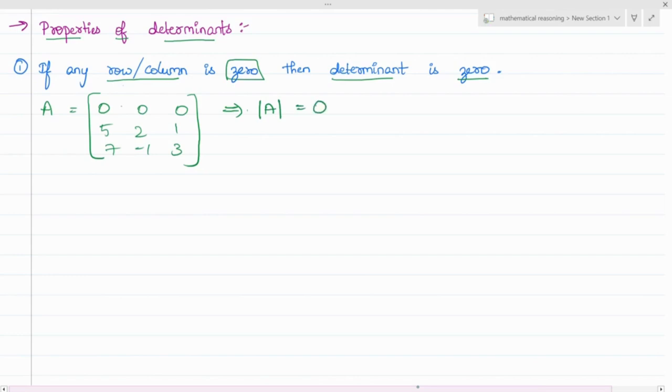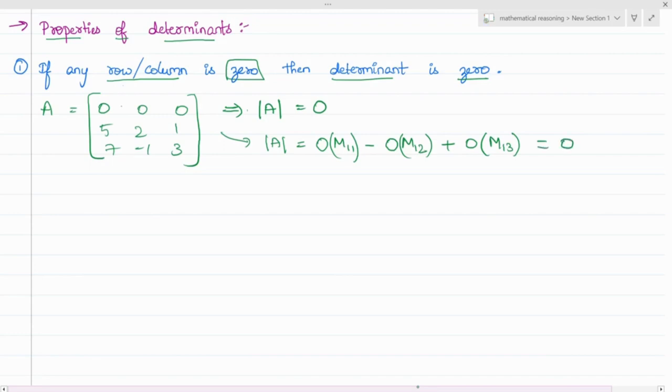Why? Because when you actually calculate its determinant, how do you calculate it? Take its A11 element with M11, take its A12, that is 0, with M12, and take its A13, that is also 0, with M13. Something you multiply with 0, you will get 0 itself.